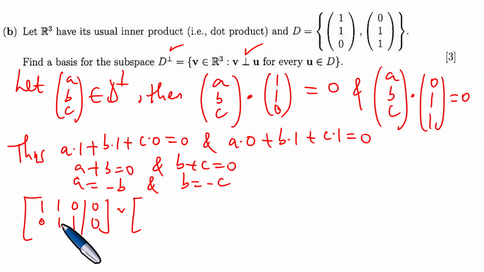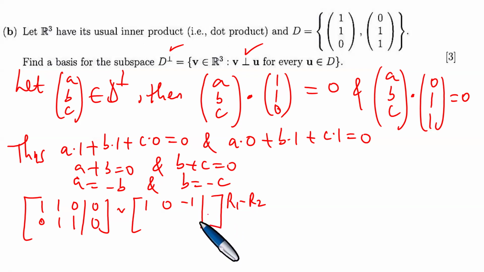So now let's come to this one. If you come to this one, now you need to get a 0 here, which means you have row 1 minus row 2. Row 1, and then minus row 2, you get a 0 here, you have minus 1, 0. Okay, and then you have 0, 1, 1, 0.